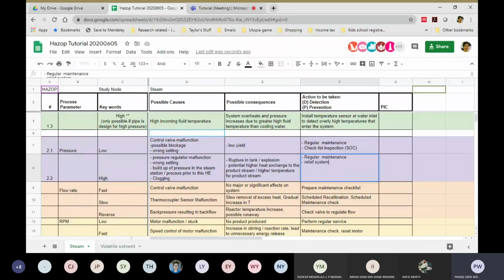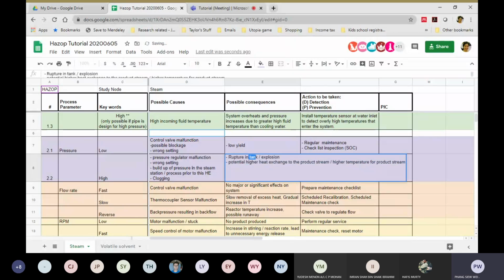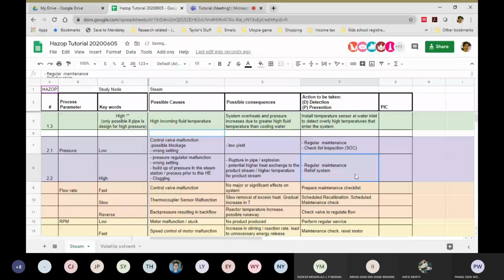Remember, we need to put in a relief system at the incoming of the hot stream and also at the outgoing of the cold stream, because that's where the pressure changes. So when there's too much pressure, before it ruptures, not the rupture in tanks, but rupture in pipes, because this is piping. So we need a relief system.